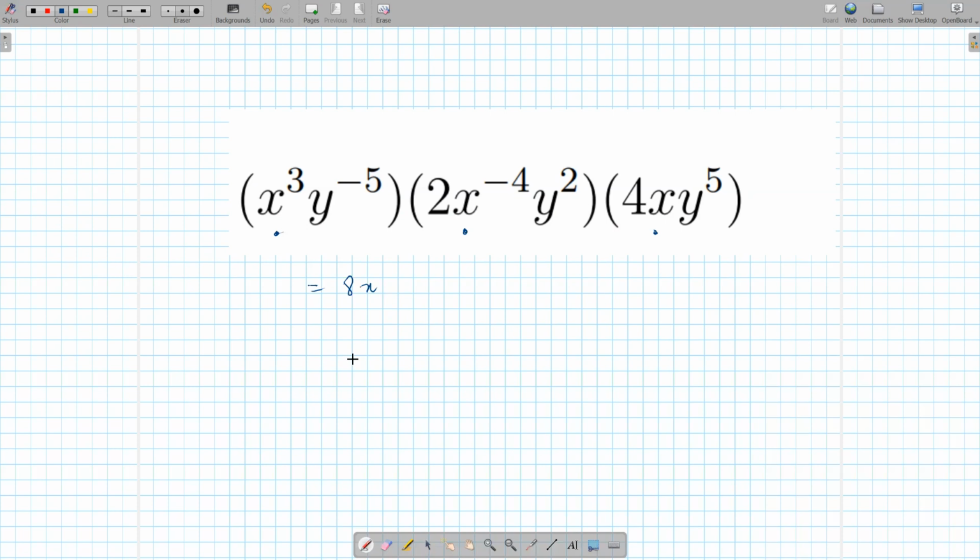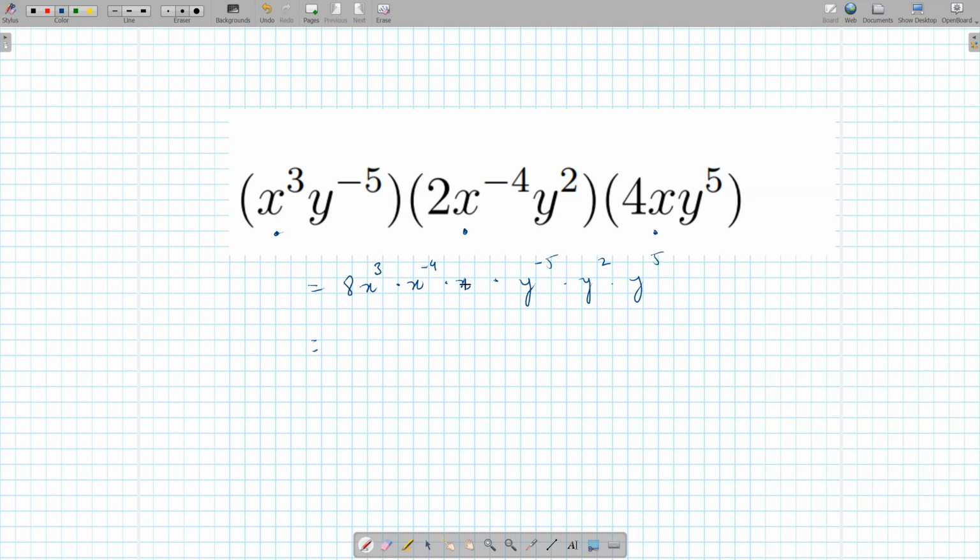No. So we're doing x3 times x-4 times x. Okay, we're just multiplying all of them, right? That means you add all the exponents. So x to the power of -1.